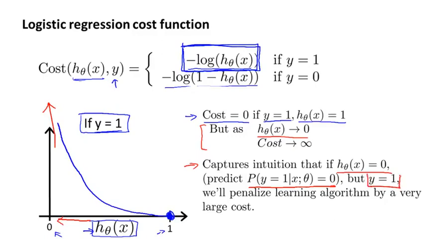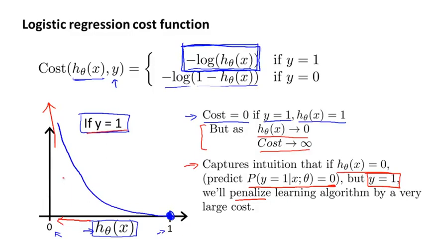But if it turns out that the patient's tumor actually is malignant, so if y is equal to 1, even after we told them that the probability of it happening is 0, so it's absolutely impossible for it to be malignant, but if we told them this with that level of certainty and we turn out to be wrong, then we penalize the learning algorithm by a very, very large cost. And that's captured by having this cost go to infinity if y equals 1 and h of x approaches 0.